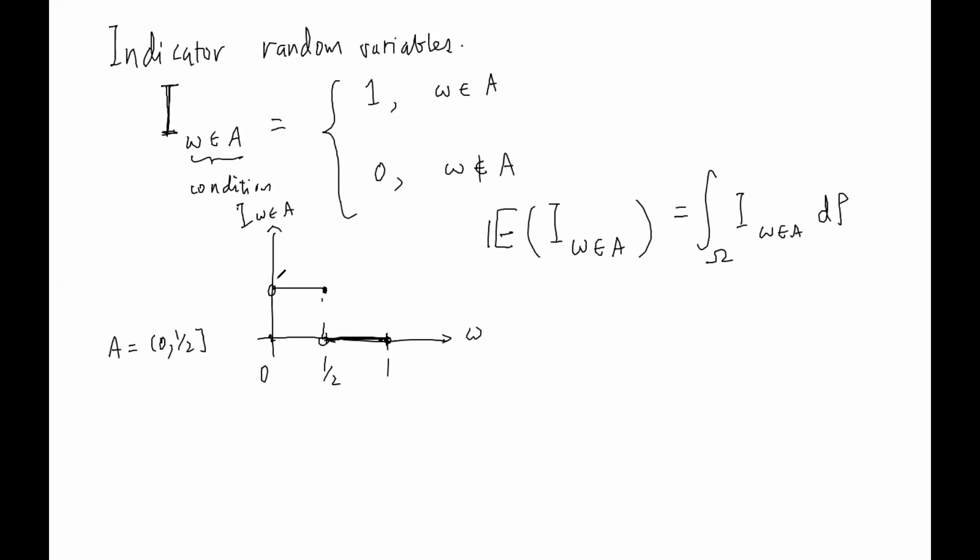So basically it is just the Lebesgue integral of this function, and this function is 1. So basically you have the measure. The measure here is 1 over 2 multiplied by 0, and the measure here is 1 over 2 multiplied by the height, 1, right? So in this case, you get 1 over 2.